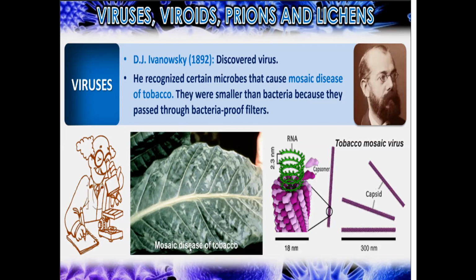He found that they could pass through a bacteria-proof filter, which means they are very, very small, smaller than bacteria. So this is tobacco mosaic virus, and that is why the name was given as tobacco mosaic virus.